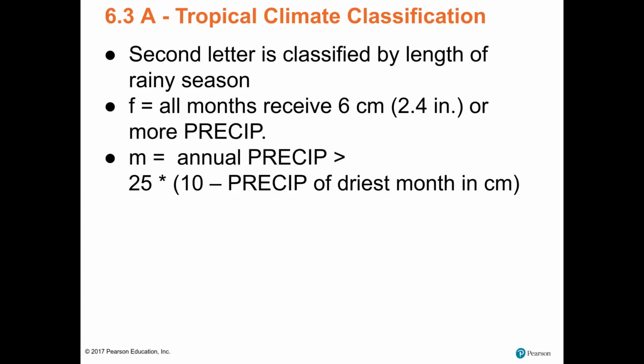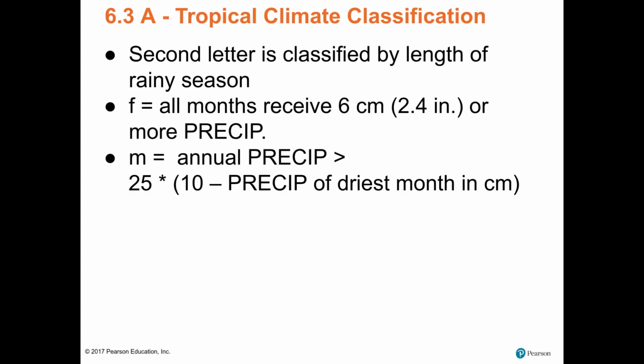Let's try that again. So if every month doesn't receive 6 centimeters of rain, the next thing you have to check is, is it a monsoon climate? To check if it's a monsoon climate, you have to compare annual rainfall, PRECIP. Annual rainfall, if it's a monsoonal climate, will be greater than 25 times 10 minus the PRECIP of the driest month in centimeters.